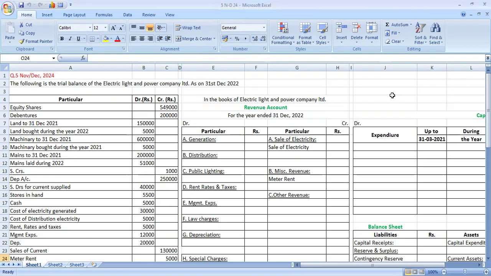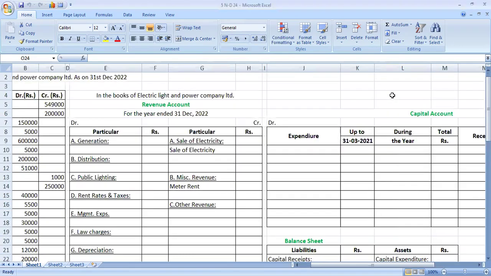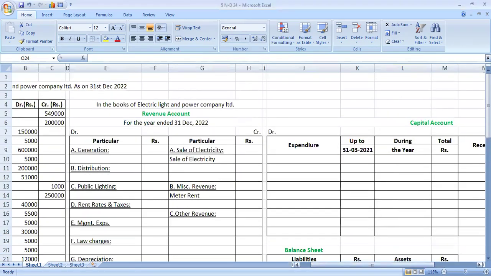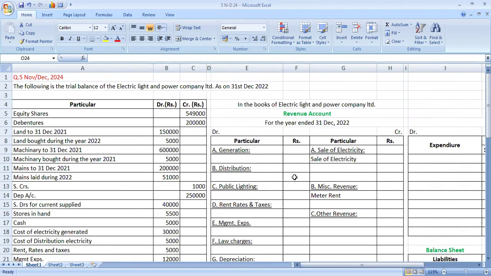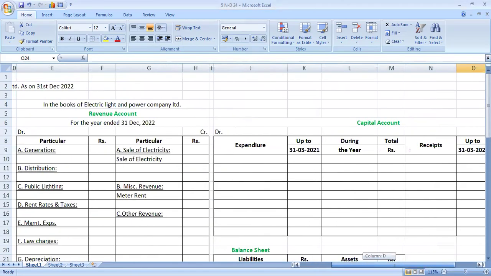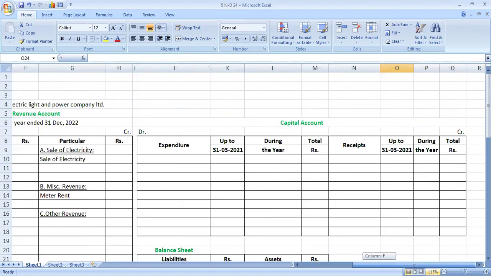First item of this question, that is equity shares. Equity shares go to the capital account credit side. Here I have created the capital account. Capital account receipt side, equity share capital.